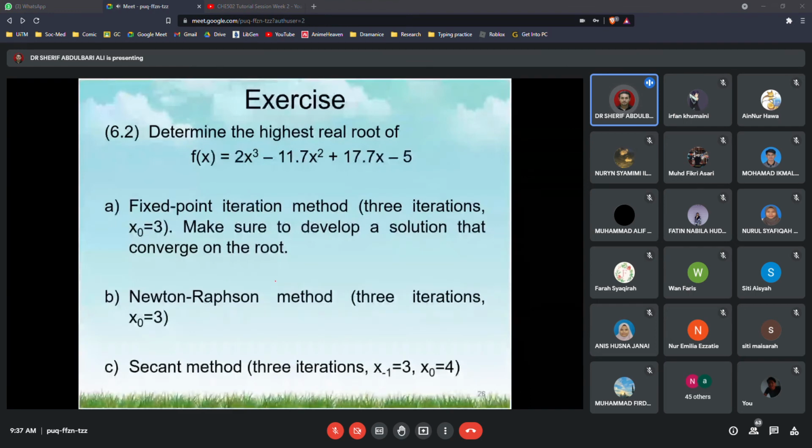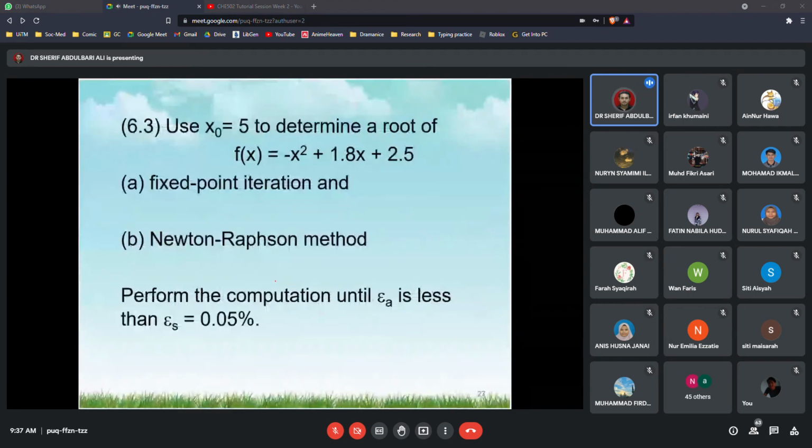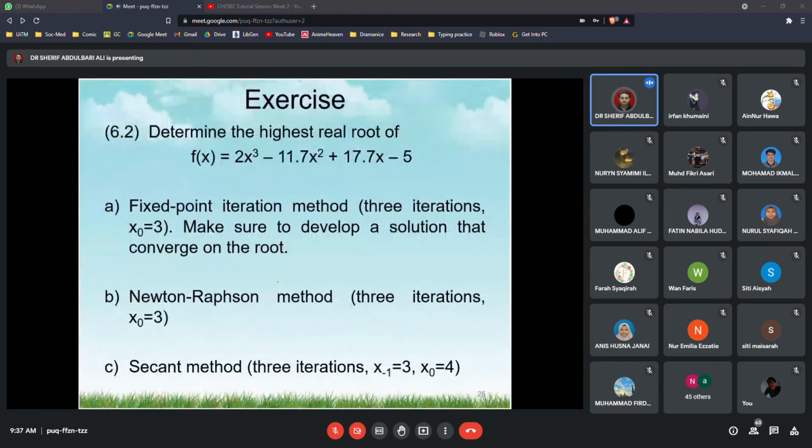This is an exercise. Now it's about 9:40. I'll give you about 15 minutes to try to solve this exercise, then you can compare your answer with my Excel file.